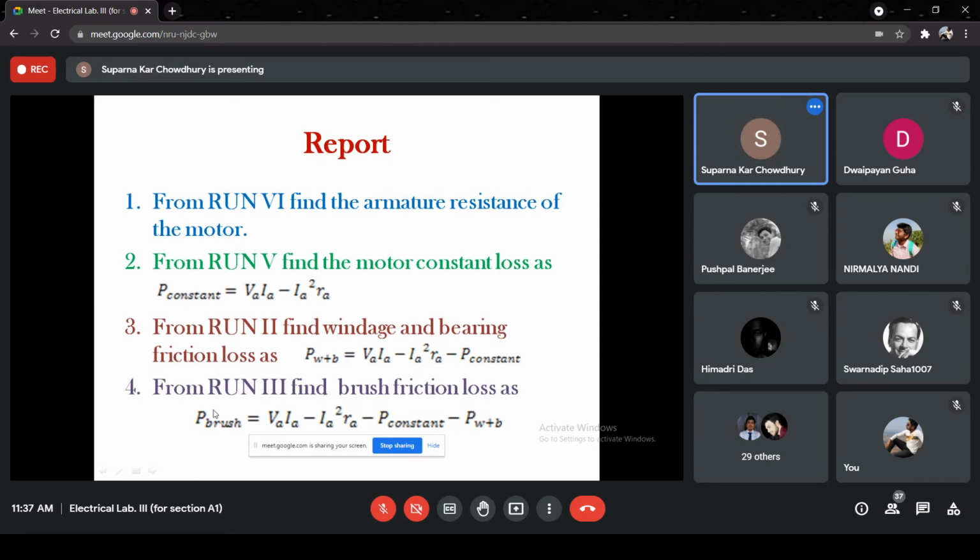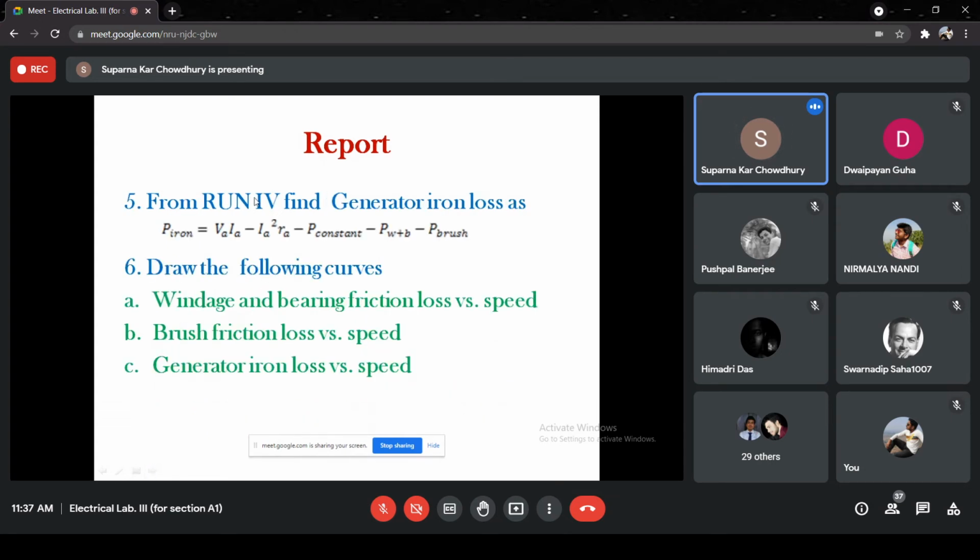For run 3, find the brush friction loss as VaIa minus Ia square Ra minus P constant minus the windage and bearing friction found here. Then from run 4, find the generator iron losses as VaIa minus Ia square Ra minus P constant minus windage and bearing friction minus brush friction.